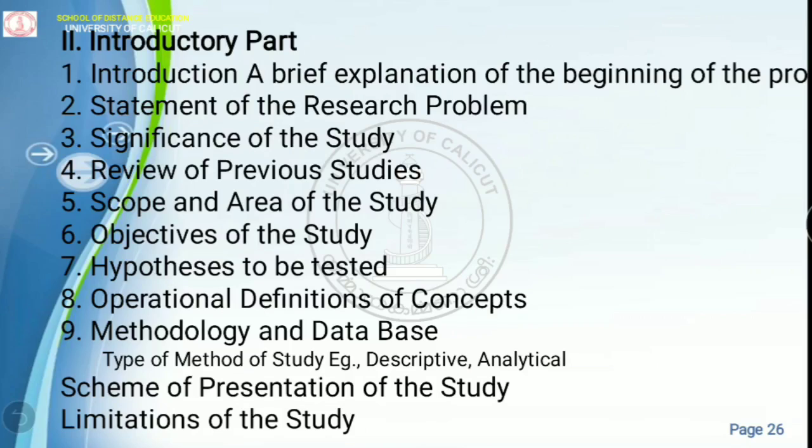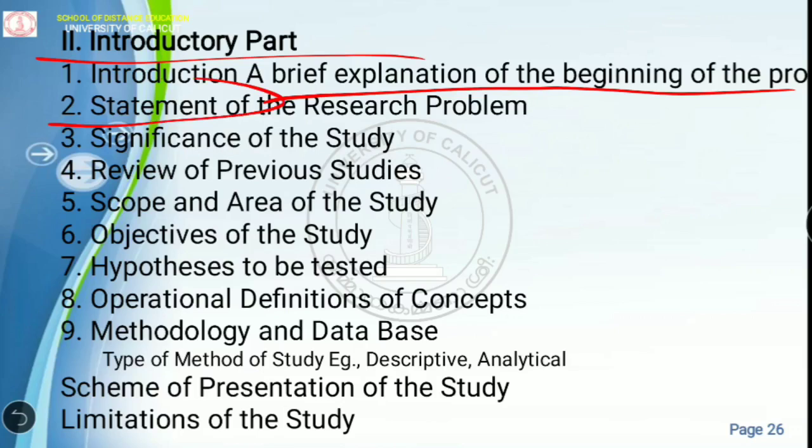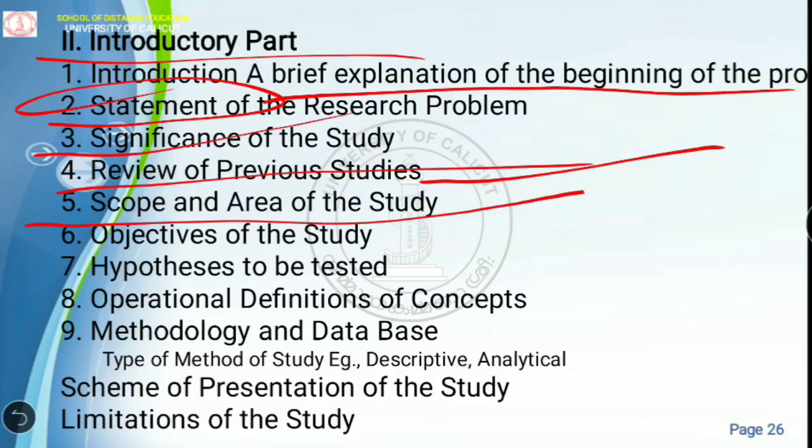Then the second part is the introductory part. The introductory part includes a brief explanation of the beginning of the problem, statement of the problem, significance of the study, review of previous studies or review of literature, then scope and area of the study, objectives of the research study, and the hypotheses that are going to be tested.